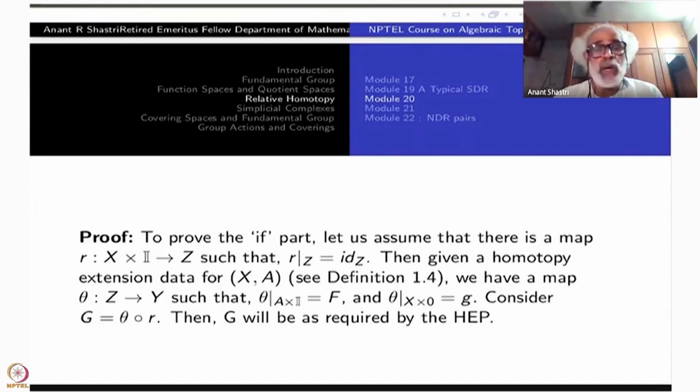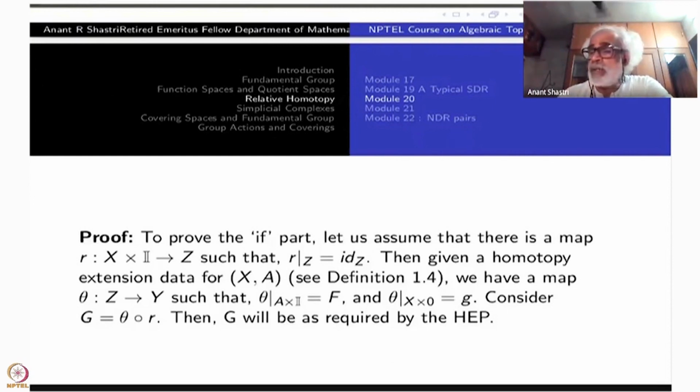Okay, so I have treated it as a map theta, which is the union of these two things. Namely, theta restricted to A cross I is the homotopy F. Theta restricted to X cross 0 is the map G, which is the extension of F on A cross 0.